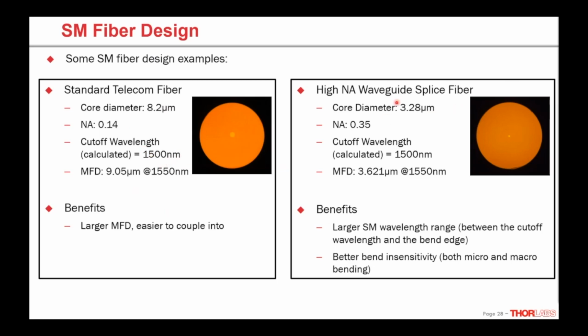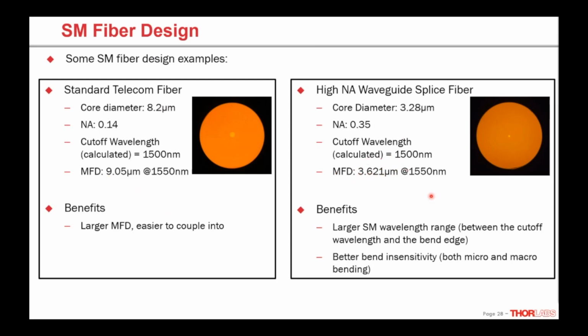The small core fiber, and this one specifically is marketed for splicing to high NA waveguides, has a 3.28 micron core, an NA of 0.35, so much higher NA, much smaller core. And look at this, you get the same cutoff wavelength. Big difference being the telecom fiber's mode field diameter is pretty large, just over 9 microns, whereas for the small core fiber, the mode field diameter, still larger than the core, is much smaller.